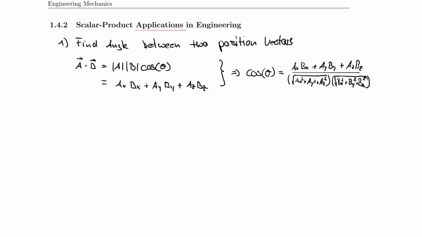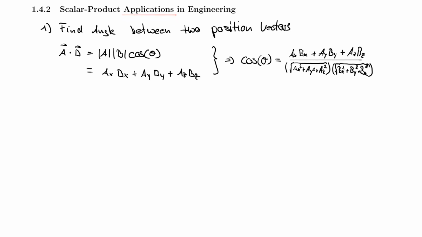However, what's often new to beginning engineering students is the second part, which is to use the dot product or the scalar product to project one vector onto another, or I should say to really find a parallel component. So, to find parallel force components.